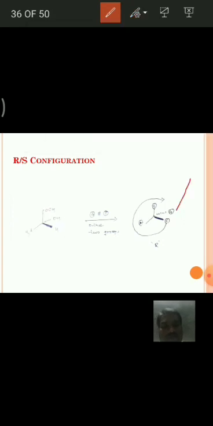The H becomes hatched wedge. See here, I am assigning OH 1, COOH 2, CH3 3 and hydrogen 4. By exchanging 4 and 1 group, see here, no need to write the groups again. Just exchange 4 and 1, we get 1 here, 4 here, and exchange 2 and 3, we get 2 here, 3 here.